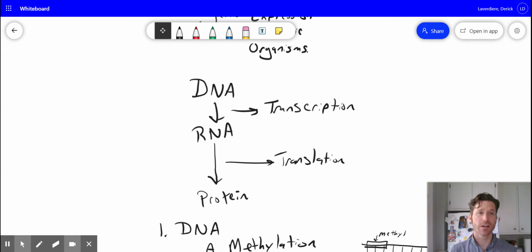On top of that, there are certain conditions that must be met for most proteins to need to be expressed. And so we can regulate whether or not our proteins are being made dependent upon the circumstances that our cells find themselves in. So that is what we're going to explore in this video, just looking at some of those mechanisms.